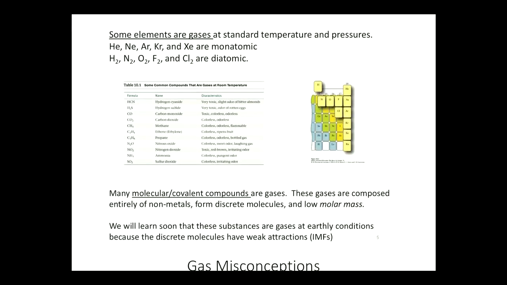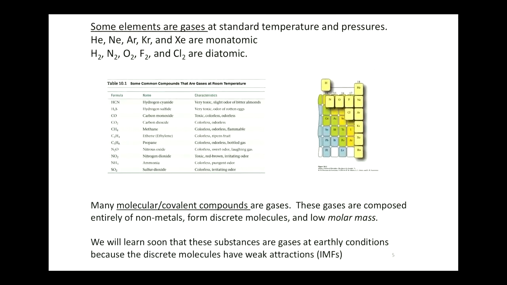Okay, so let's think about some gases that we interact with on Earth in our everyday life. The air that we breathe is composed of gases, relatively low molecular weight molecules and elements, like diatomic hydrogen, diatomic nitrogen, and oxygen, which is mostly what our air is comprised of. A lot of the non-metal elements are actually gases. They exist as gases on Earth, and by Earth I mean standard temperature and pressure.